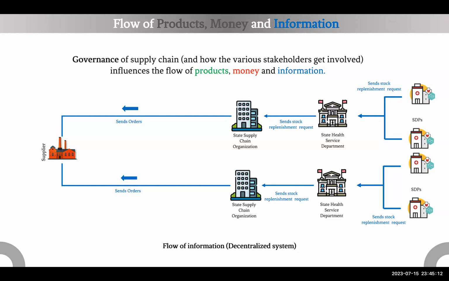We say service delivery point so that we don't have to write everything, and it can be a hospital, a health center, or a pharmacy, just to make it more generic. So you see how different flows get impacted by governance decisions.